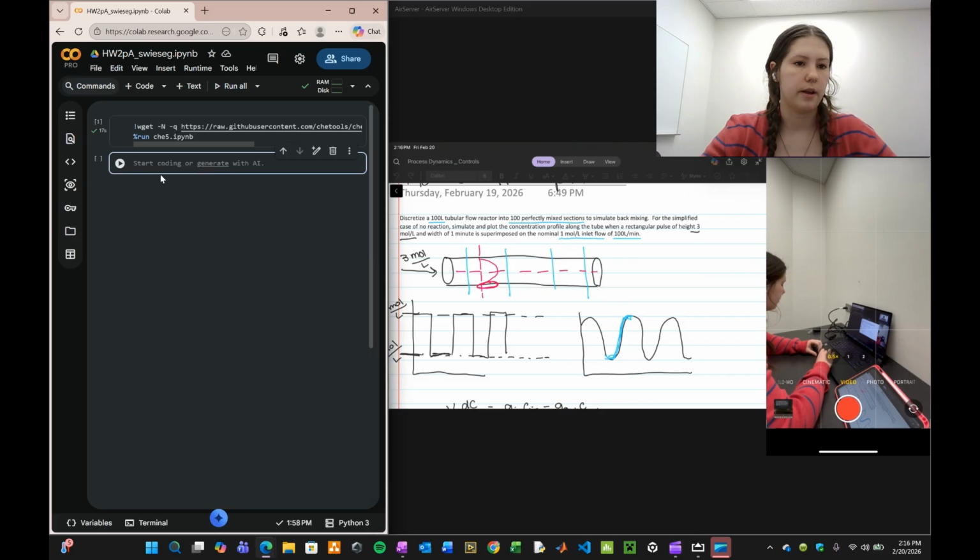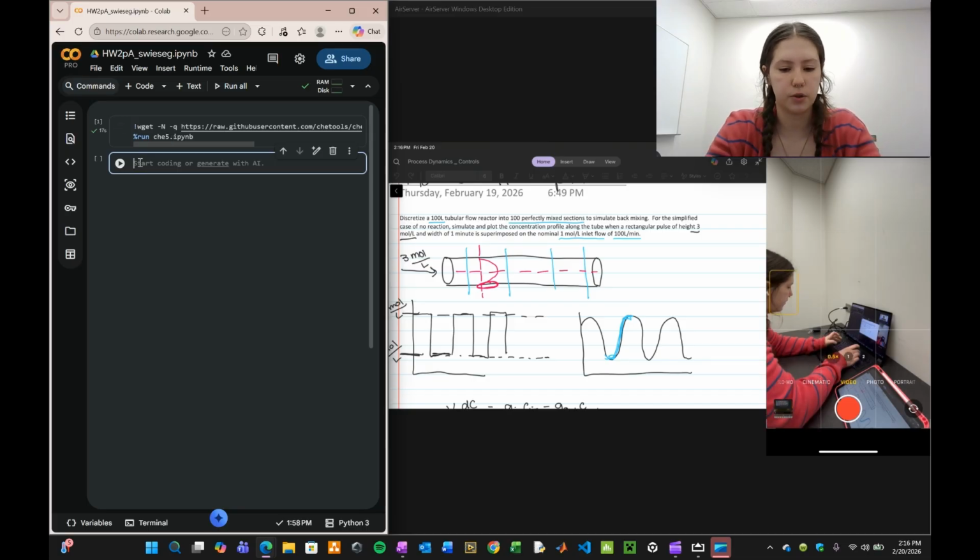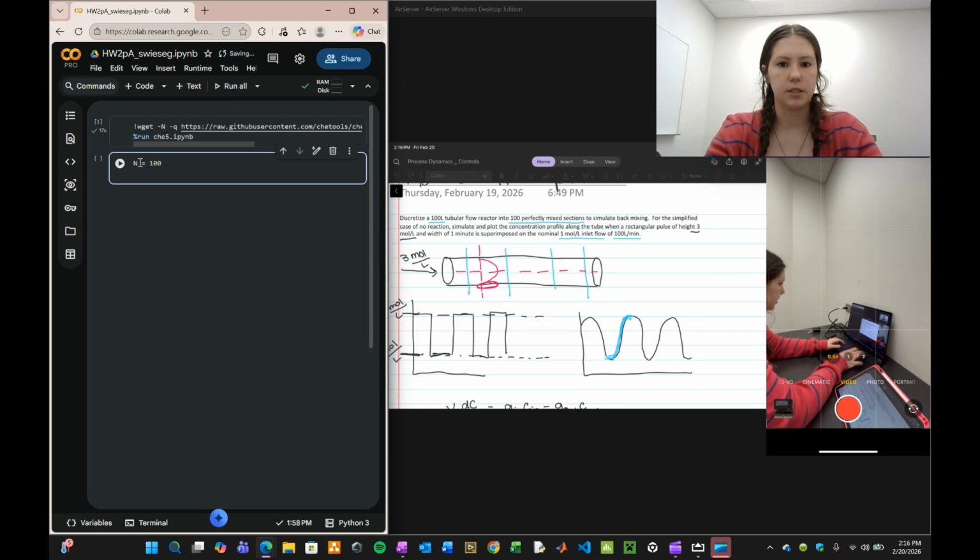All right, so I have imported our chemical engineering library with all of the libraries that we need for this. And we can start by defining some of our variables. So we know we will want 100 perfectly mixed sections of this tube. So we can say N equals 100. And the total volume of our tube is 100 liters.